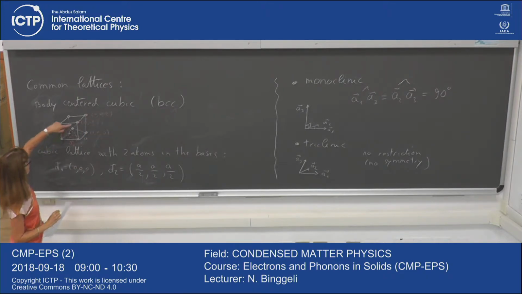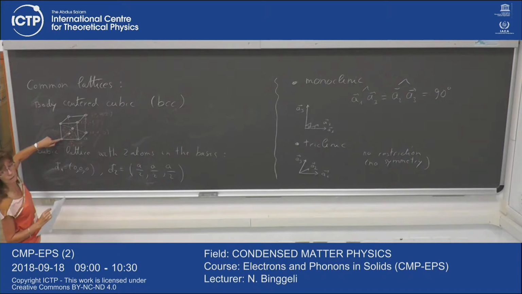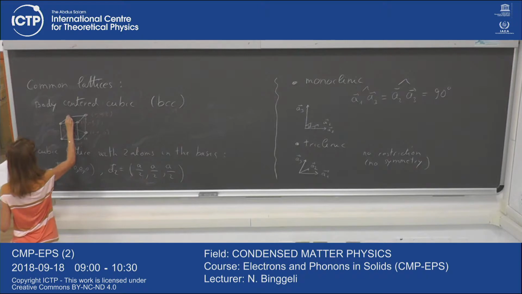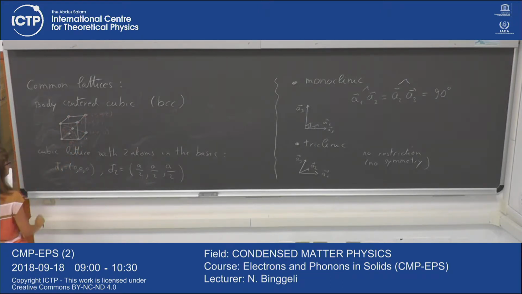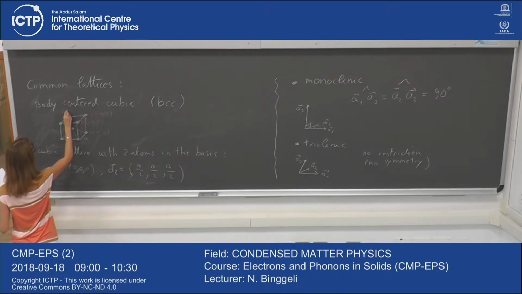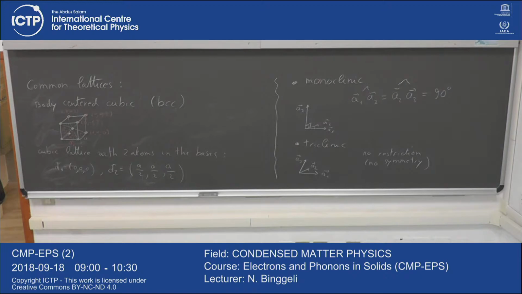I can reach it by going first here, 2 times A3, and then I come back with minus A2. Then to reach this point, I go from here with minus A1, so minus 1, 0, 2.